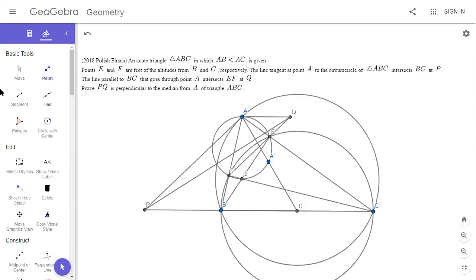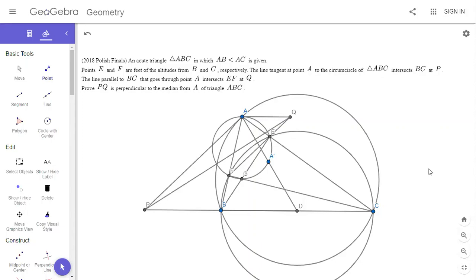So let's see, I'm going to try to solve it using Timo's idea. So you said that A prime we want to show is the Humpty point. If we know that this is the Humpty point, we are done, I think.